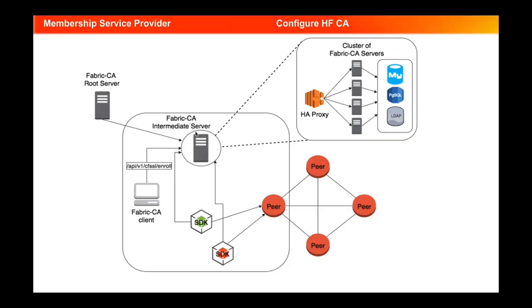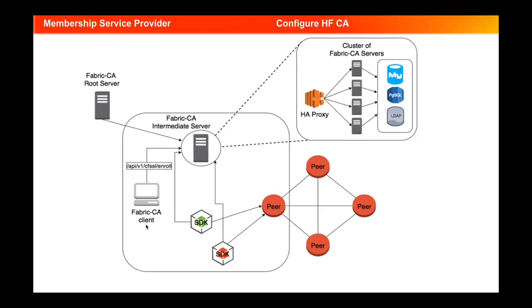This is a single server, but internally it might be a cluster of other Fabric CA servers, maintained by this intermediate server. Or you can also have the same cluster of CA servers. This improves the high availability for your Fabric network.